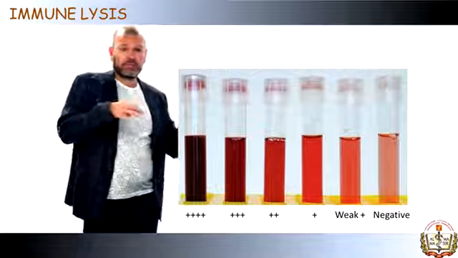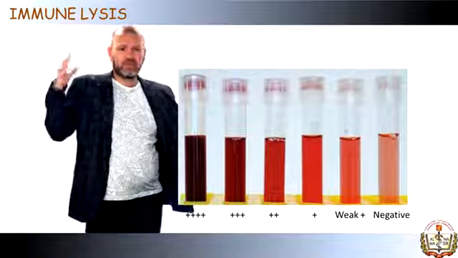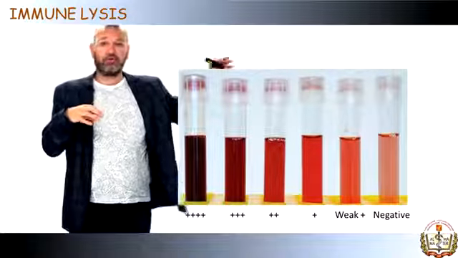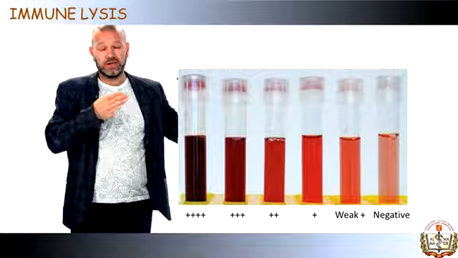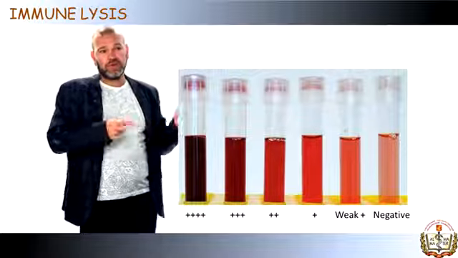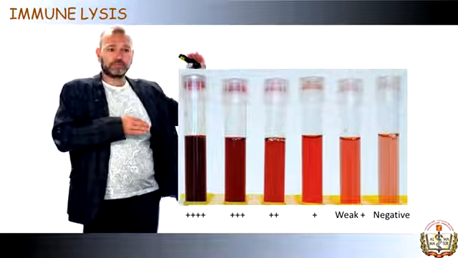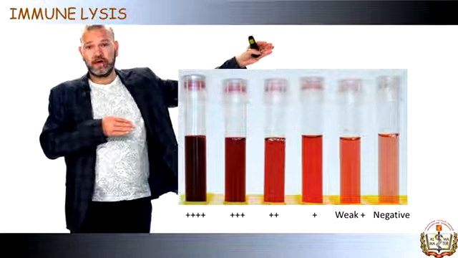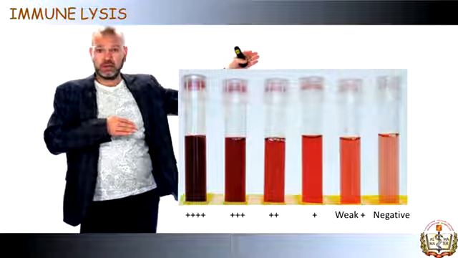Our RBCs have A or B receptors. If you add blood containing antibodies alpha or beta, they are hemolytic. They can destroy RBCs. In the diagram I showed you different degrees of immune lysis, of blood lysis.